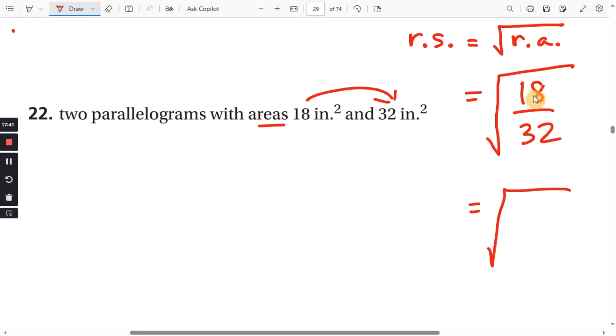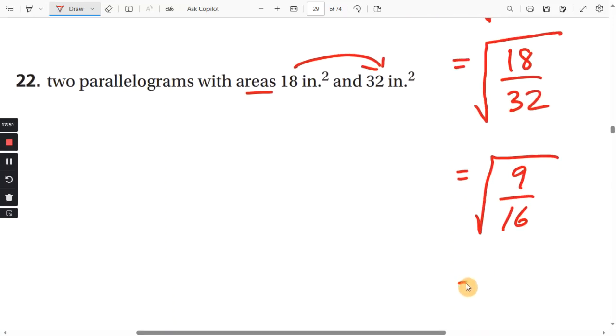These are both even. 18 divided by 2 is 9. 32 divided by 2 is 16. All right, and now we're in business. Do the top and bottom separately when you take the square root of a fraction. The square root of 9 is just 3, and the square root of 16 is just 4. Final answer.